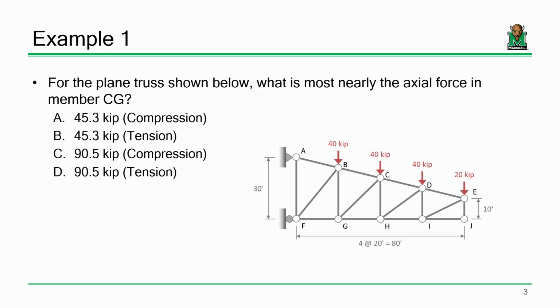Would it make sense that this structure is going to deflect downwards like so? So if I look at these members on the top, just your gut feeling, are those members on the top in tension or are they in compression? They're in tension, okay? So if I asked for member BC right off the bat, there's 2 answers eliminated, right? Okay, that's an important observation to make.